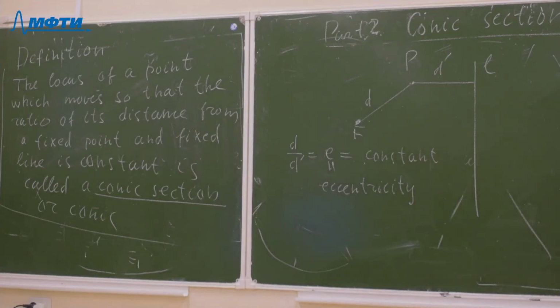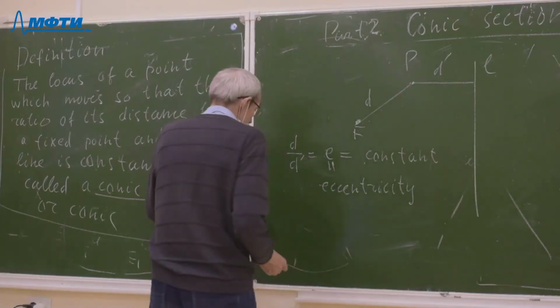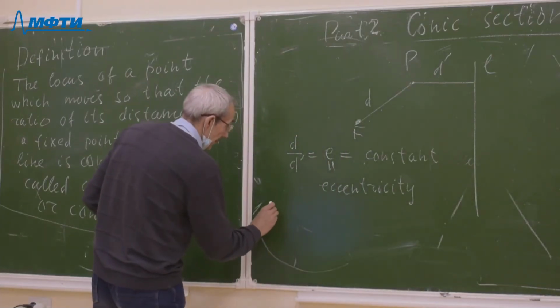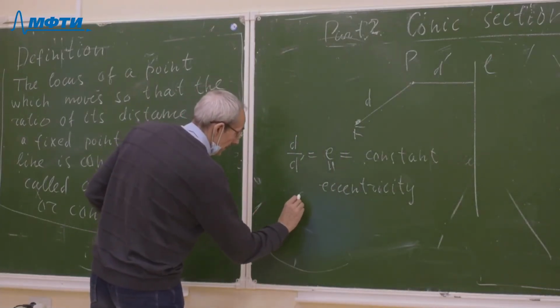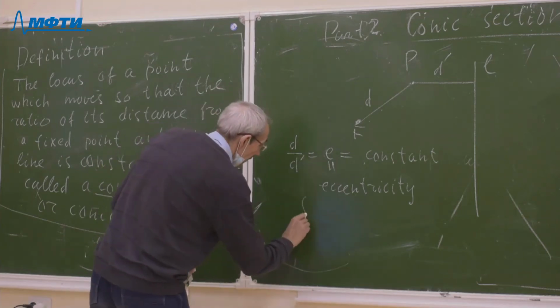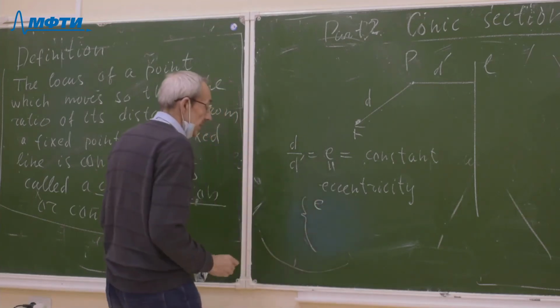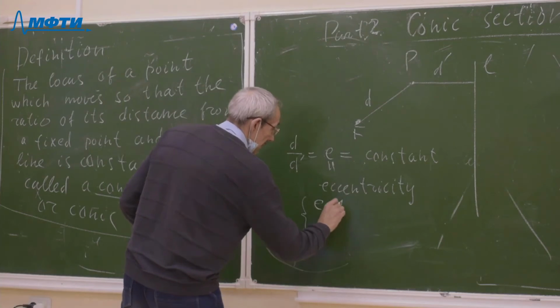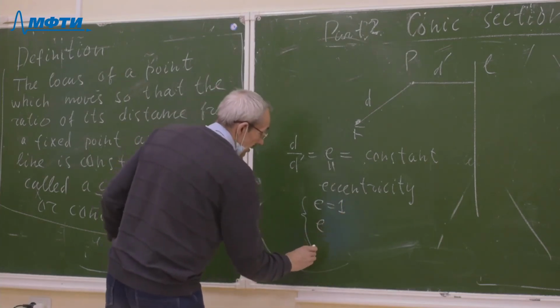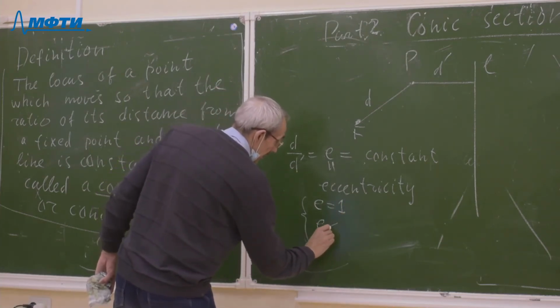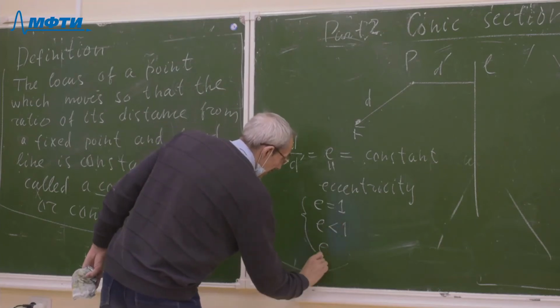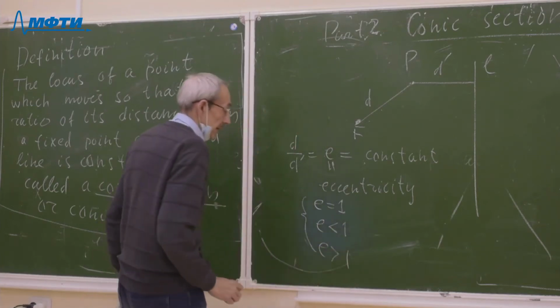And we'll consider three cases. First, E is equal to 1, E less than 1, E greater than 1.